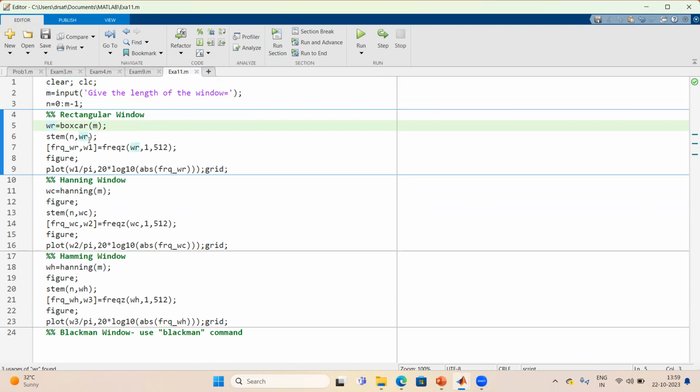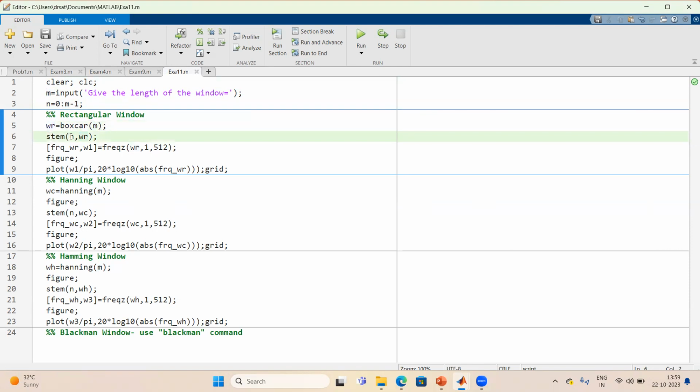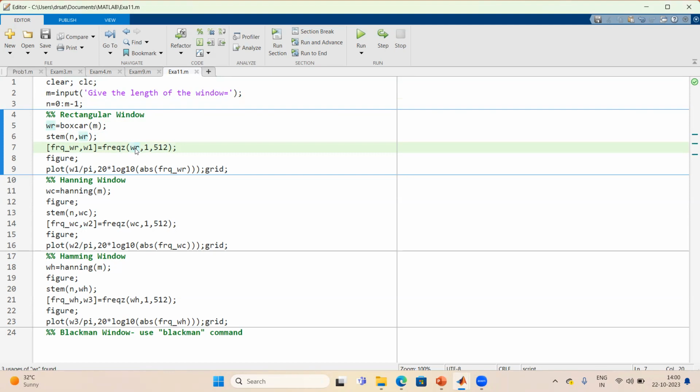Similarly, we plot this WR by using the stem function. We use the time index n that we generated, then write WR, and we get the discrete plot, right? Now, because we want the frequency response, I will be using the freqz command. I have already explained this freqz command. Here we give the sequence for which we want to calculate the discrete Fourier transform.